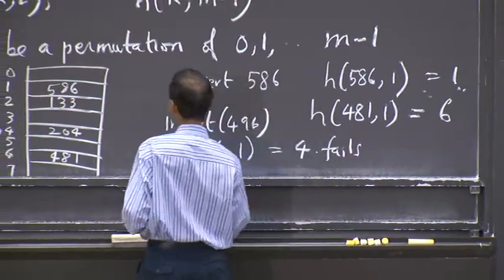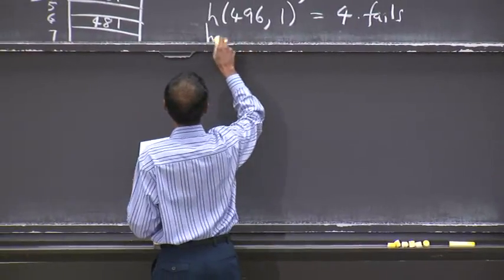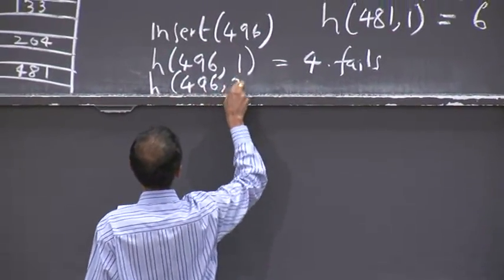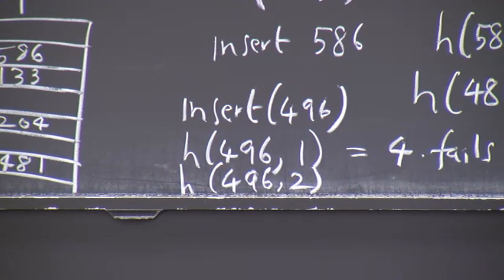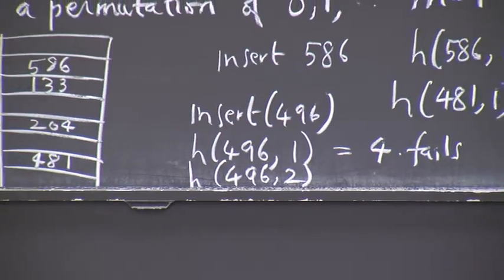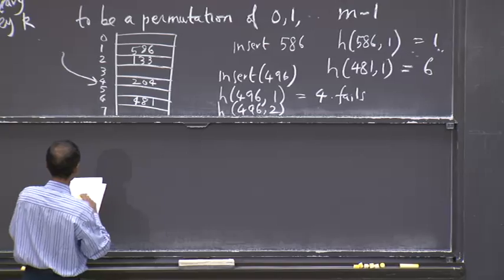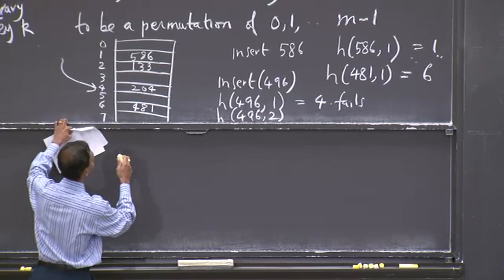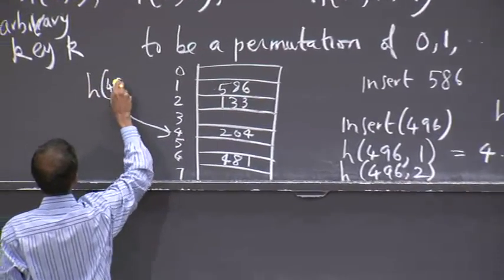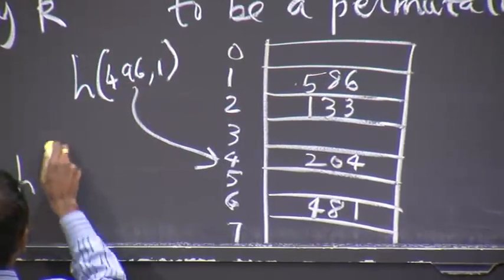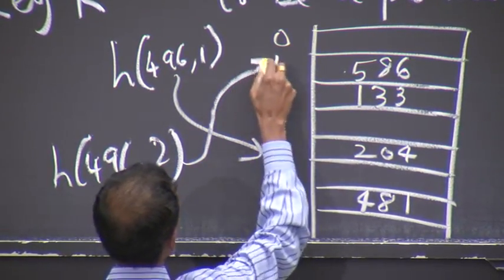So I need to go to h(496, 2), and h(496, 2) may also fail. You might be in a situation where h(496, 2) gives you 586. So this was h(496, 1), h(496, 2) might give you 586.